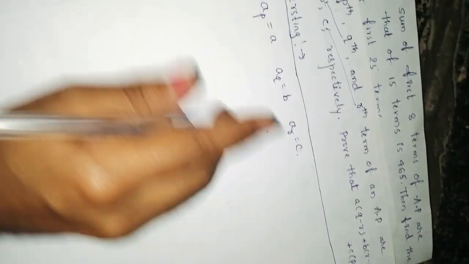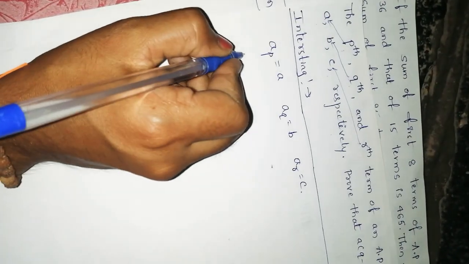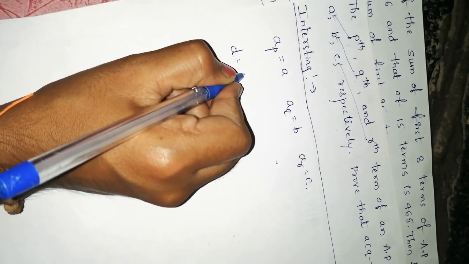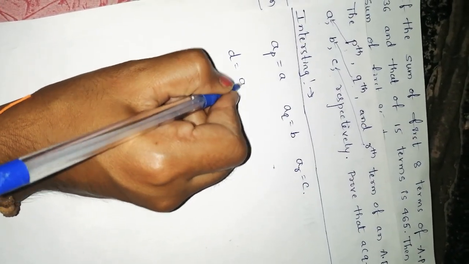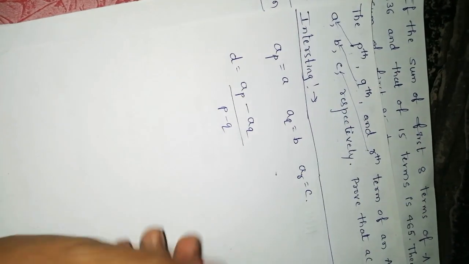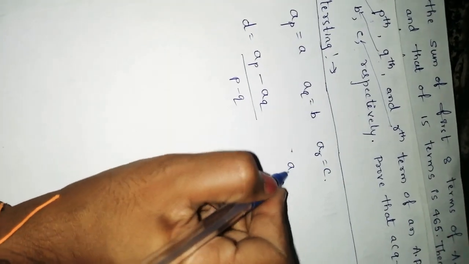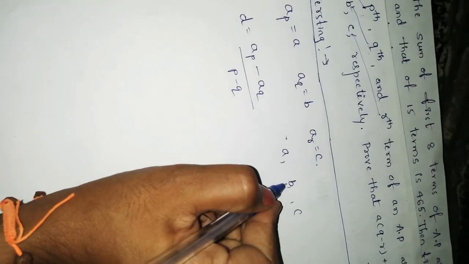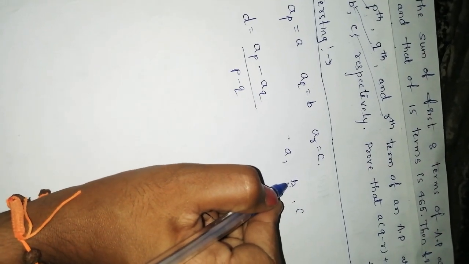To prove this, see, I already told in introduction that whenever the pth term and qth term are given, we have the common difference D is equal to AP minus AQ divided by P minus Q. Since here A, B, C are in AP, the common difference between any two consecutive numbers is always equal.